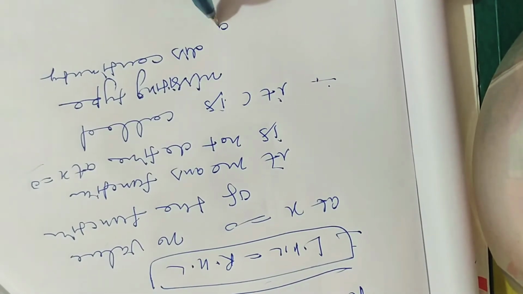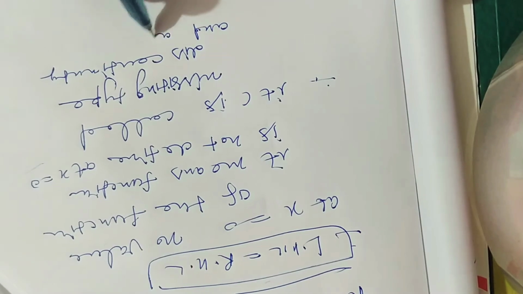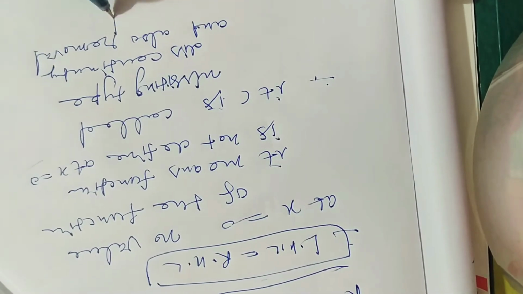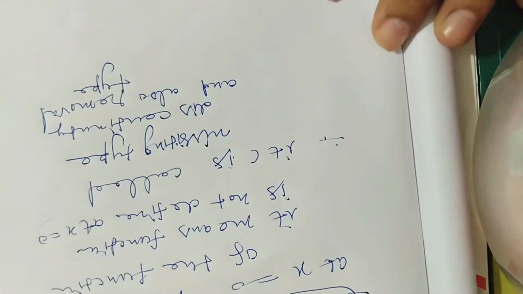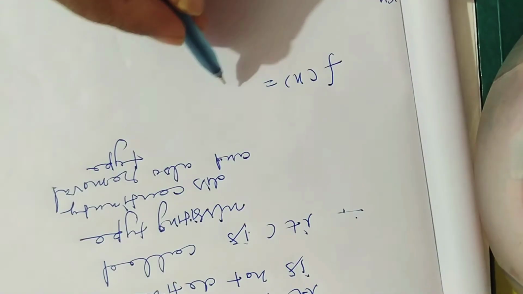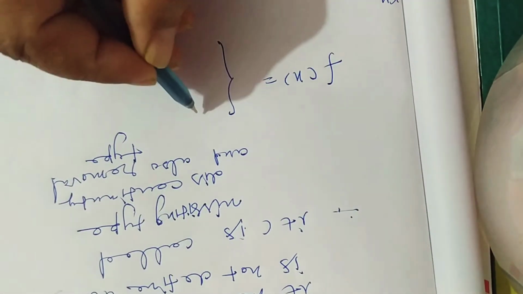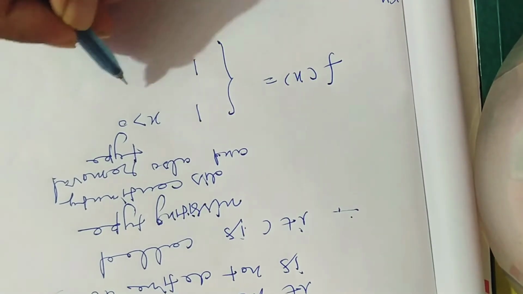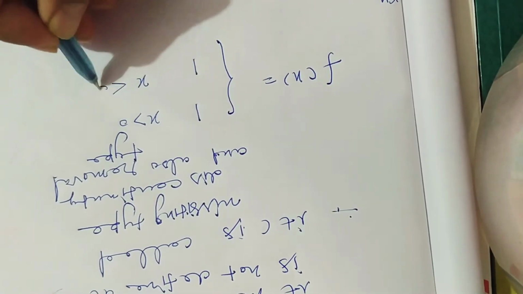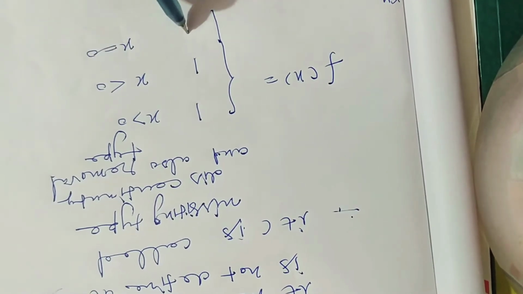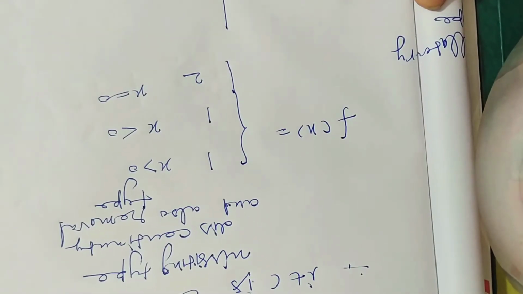And also removal type discontinuity. Again, we take an example: f(x) equal to 1 for x greater than 0, and also f(x) equal to 1 for x less than equal to 0, and at x equal to 0, let f(x) equal to 2. We trace a graph again.